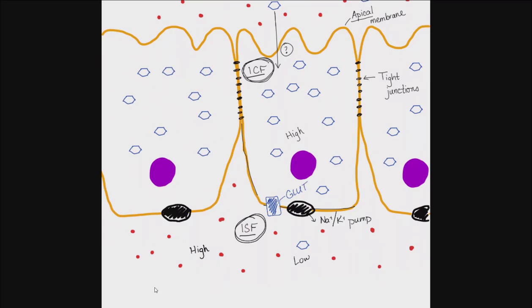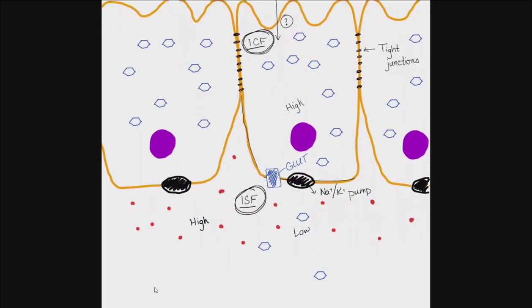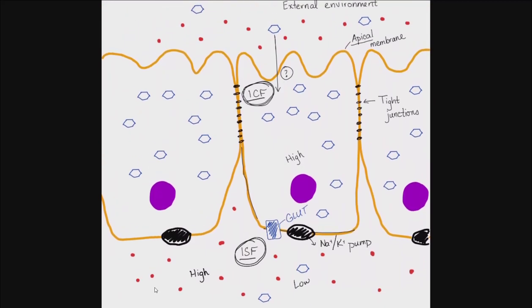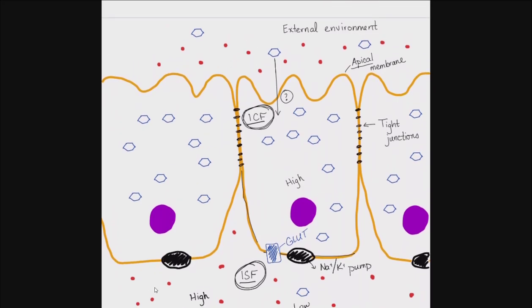It is passive. So that's going to allow glucose out of the cell. All right, we've looked at transport of both sodium and glucose out of the cell across the basolateral membrane. Now, let's return to the apical membrane.